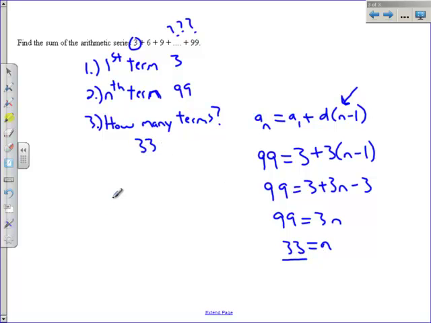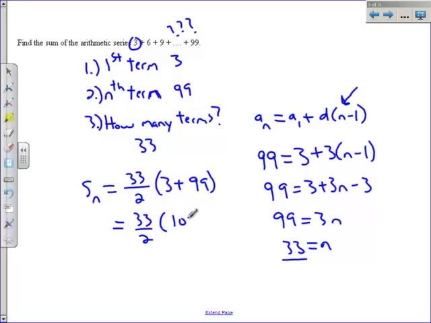So now I can go back and use my formula. My sum, not partial sum, I said it again, is n divided by 2 times a sub 1 plus a sub n. This would be 33 divided by 2 times 102. 2 goes into 102 51 times, and I have to do 51 times 33.